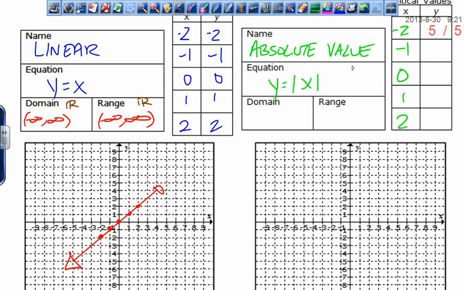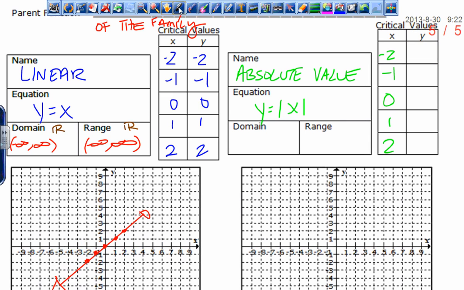What does the absolute value bar do to our x values? Does it keep them the same? Does it turn them positive? Keep them negative? What does it do? It makes them all positive. If they're already positive, they remain positive. So my y values are going to be 2, 1, 0, 1, and 2.